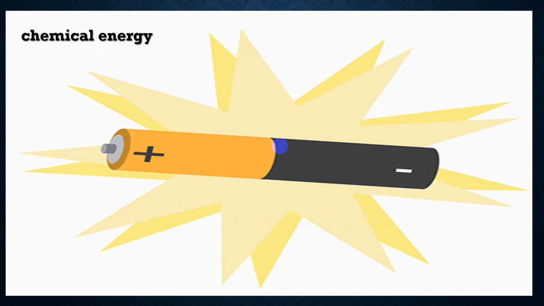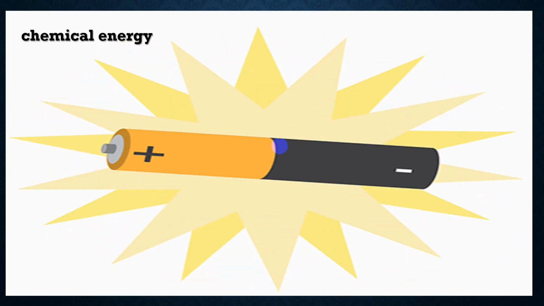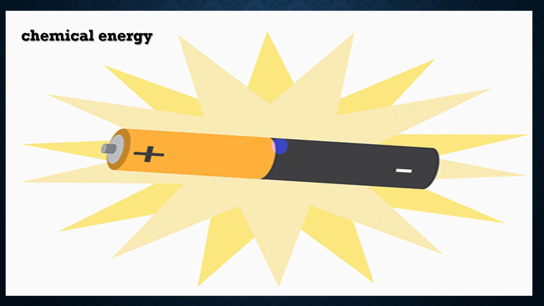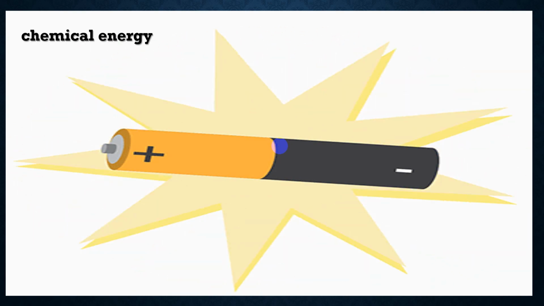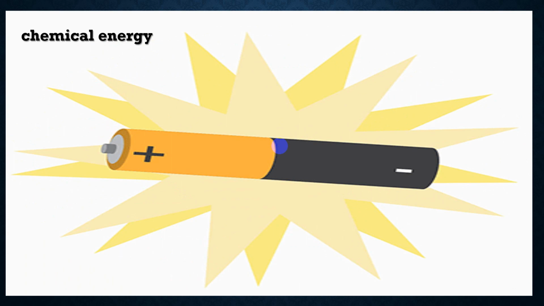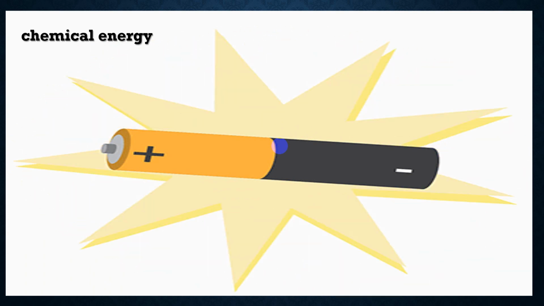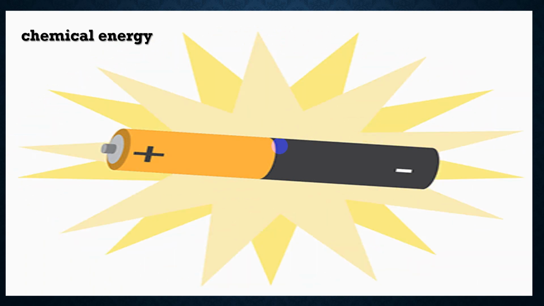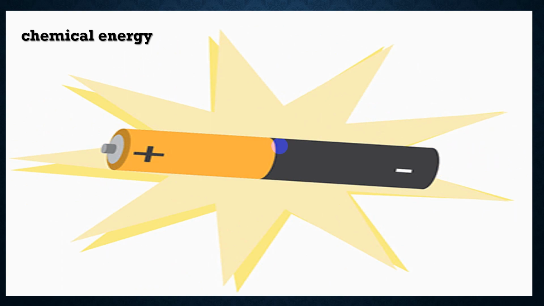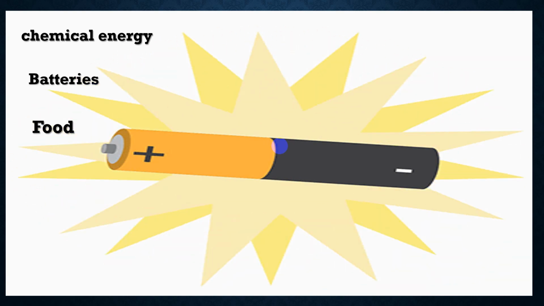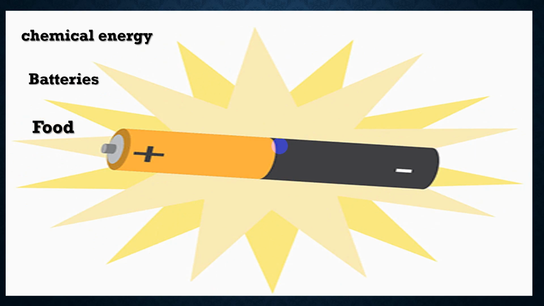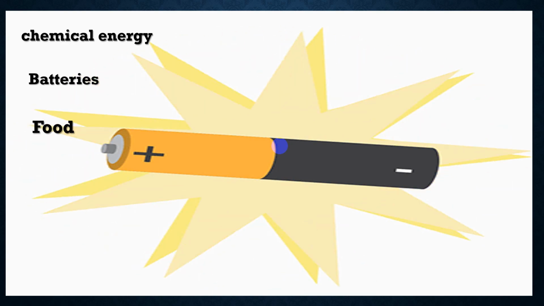Batteries have a kind of energy stored inside them called chemical energy. Chemical is about materials or chemical substances reacting together. Is that only in batteries? No, we can find it in food, in batteries, and also in the fuel of the car.